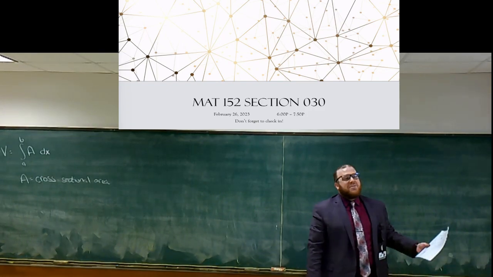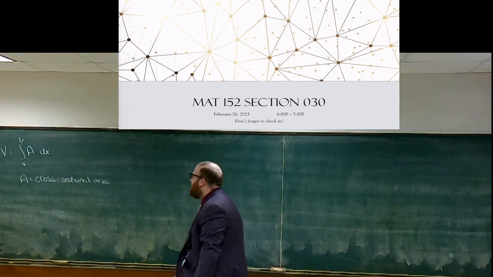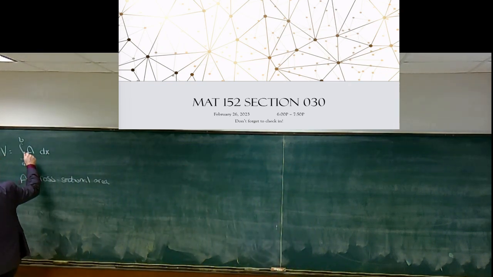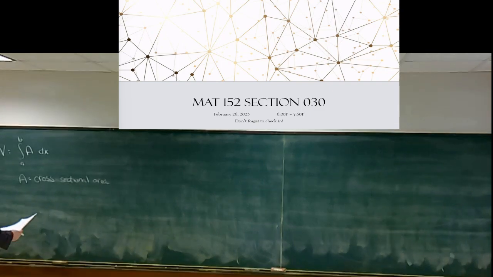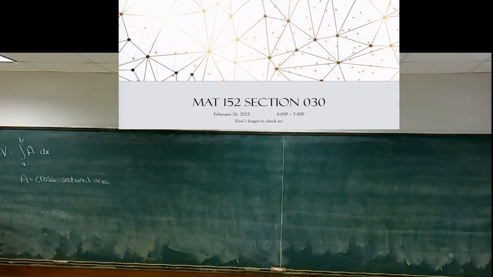The integral is the easy part. It's generally finding the cross-sectional area that's a pain. So this is known as the method of slicing for finding volumes. And this method is what's used to derive the disk method that we study. I think it's on Wednesday we look at it.